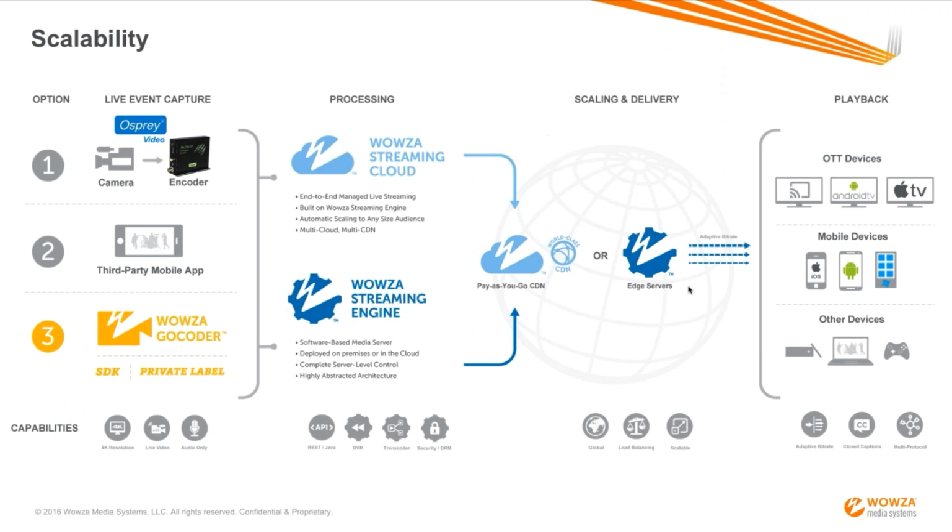And the scaling and delivery part is really a key component to delivering this. Whether you're delivering only to local people in your area, or you're delivering only to students at your university TV station, or delivering to a regional audience, it's still important to have a scaling mechanism in place to scale that to that audience.